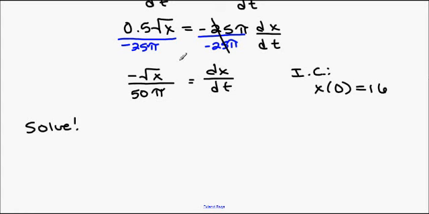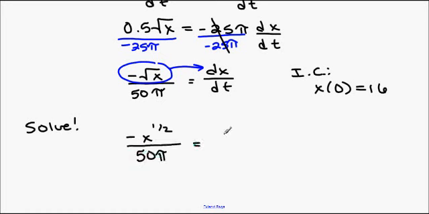And I'm going to do some more moving. I want to put this x on the other side of the equation so that I can integrate. Okay, so this is negative x to the 1/2 divided by 50 pi equals dx dt.